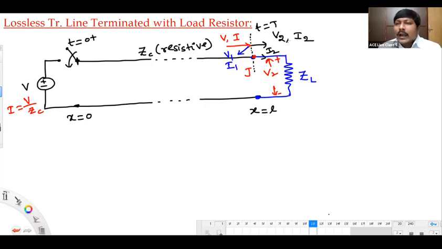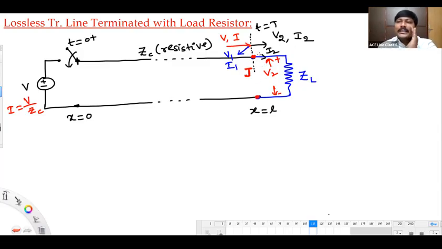To find this V2, I2, I will apply Thevenin's theorem. With respect to this junction J, I want to find the Thevenin voltage as well as the Thevenin impedance.